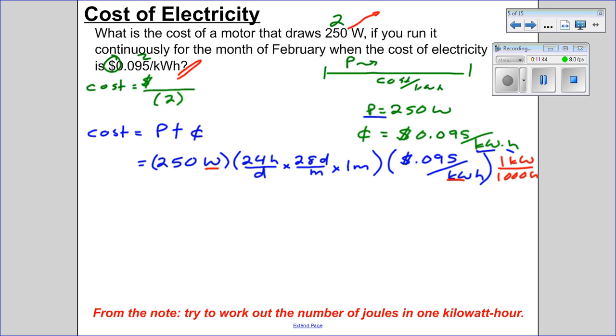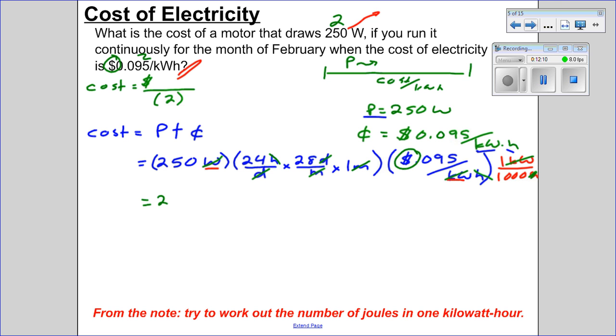Here we go. Plug the numbers in. Let's do the cancellations first. I'll do it in green because that changes all the colors. Watts is canceled by kilowatts way down here. Hours is canceled right here. Days is canceled right beside. Months is canceled there. And we have kilowatts on the bottom, kilowatts on the top, and we're left with dollars.